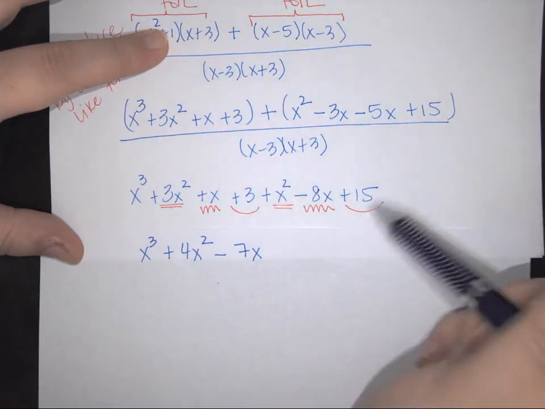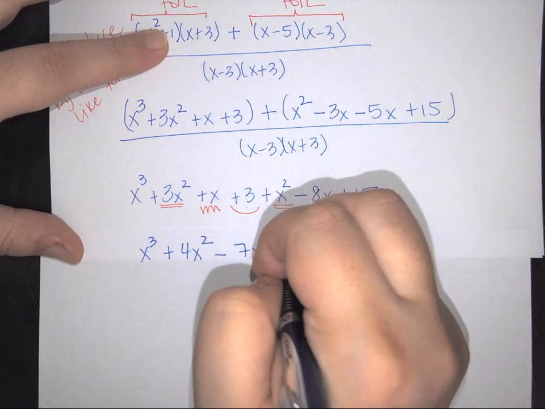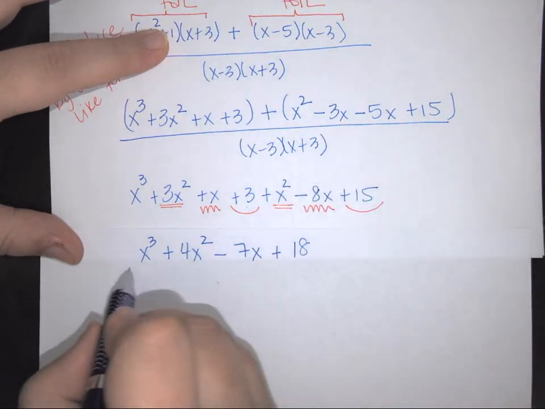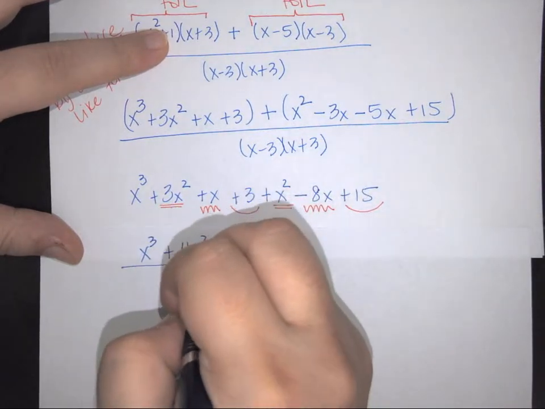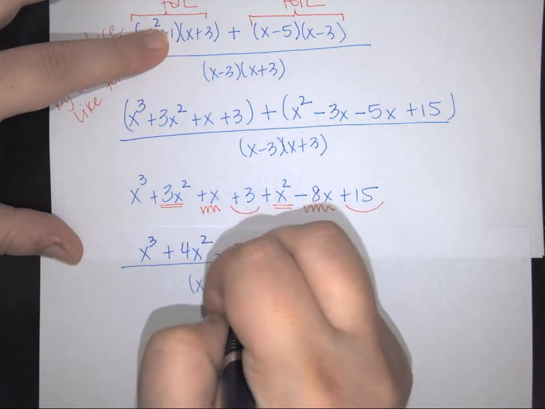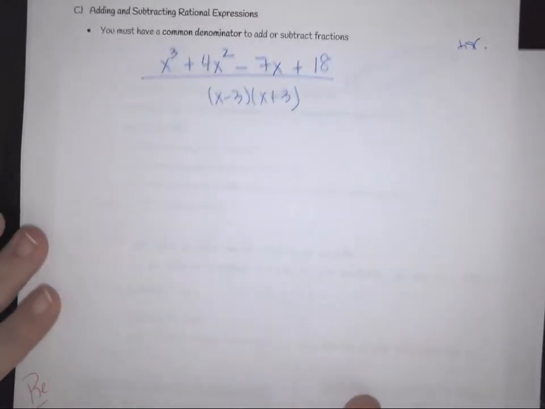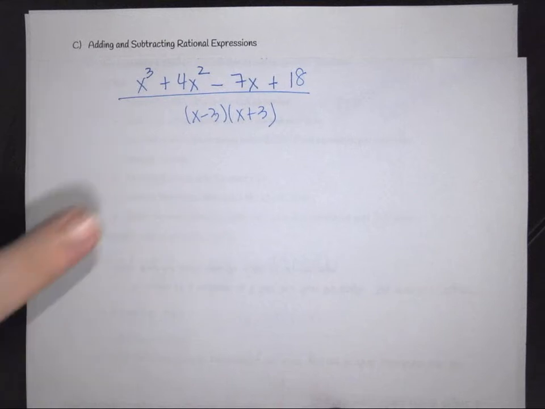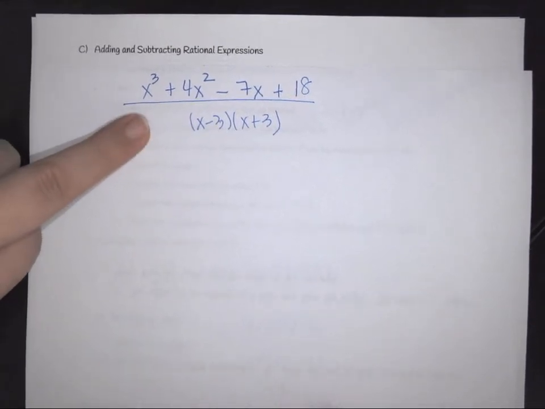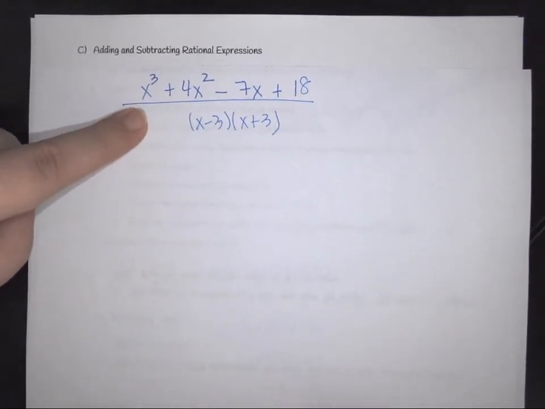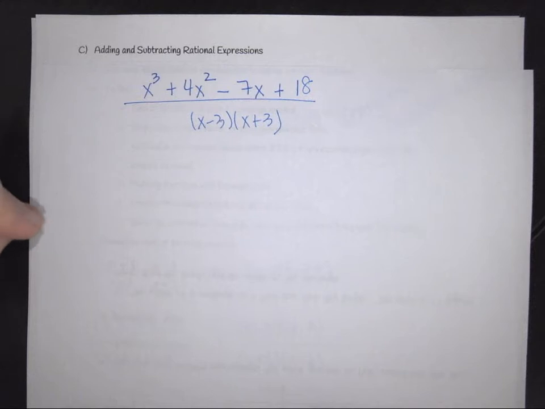And then I have 3 plus 15 is plus 18. And this whole thing is still over x minus 3 times x plus 3. Now, that being said, you could leave this like this because there's nothing else that we're going to be able to do that is going to reduce down.